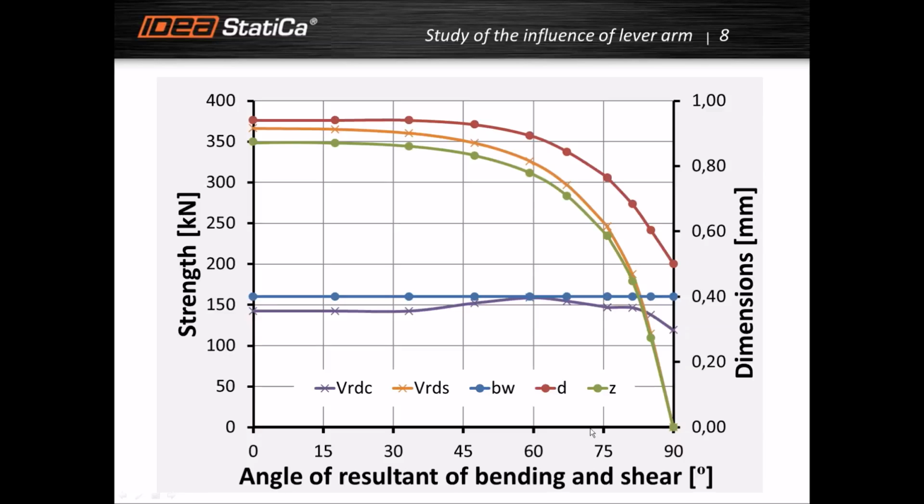If we reach 90 degrees, we have zero strength according to the assumption of Eurocode. Already when you approach approximately 30 degrees, the strength in shear decreases rapidly, and that's why the program would send you a message that the angle between the resultants of shear and flexure exceeds the limit of 20 degrees.